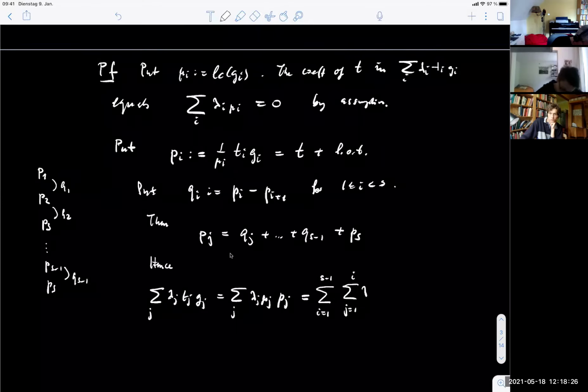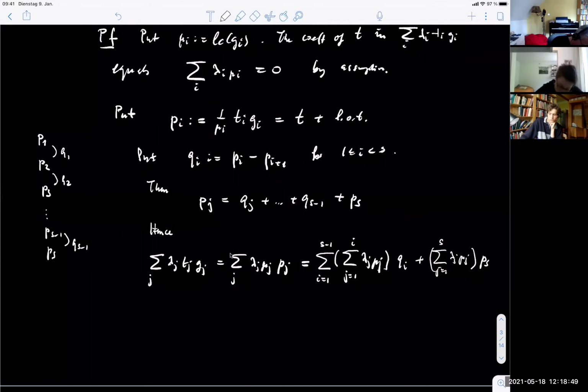Here I have lambda J mu J. I can take this out, Q I, so that's why I exchange the parentheses. But then I have a contribution coming from the P S, and this is the contribution. And now you see the point: this is 0.